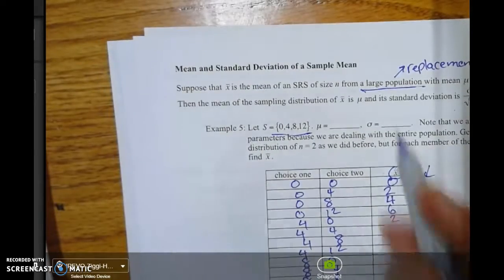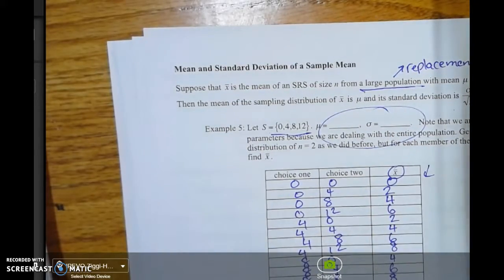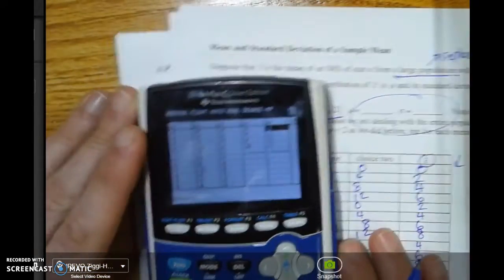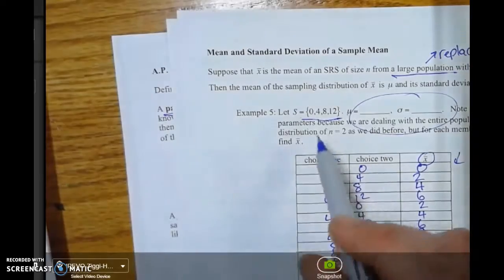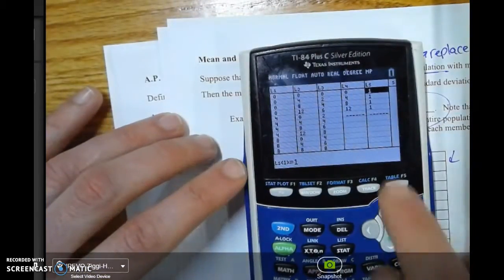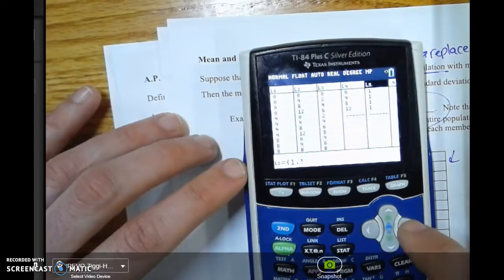In order to find out what mu and sigma are, we go to our calculator. If you're not sure, you can figure out that the sample's average is going to be 6, but let's figure it out. We enter the information, I entered into L4 and L5.